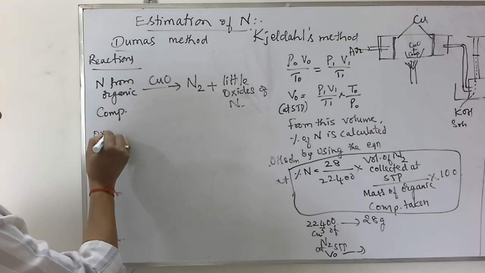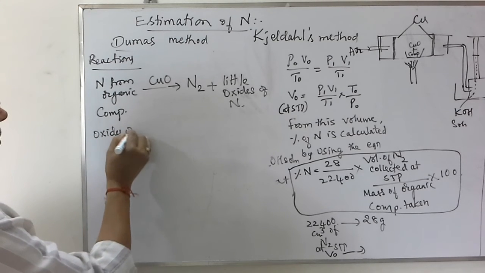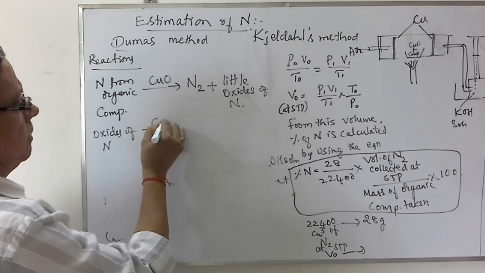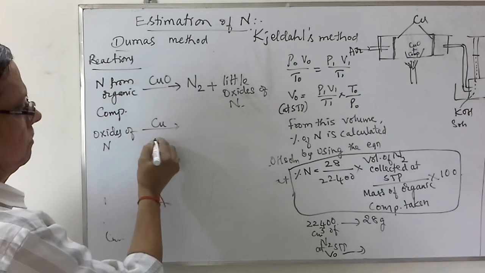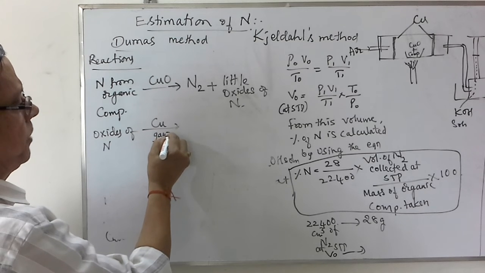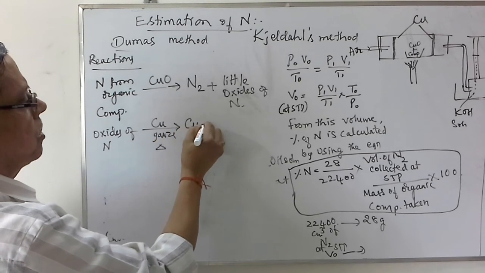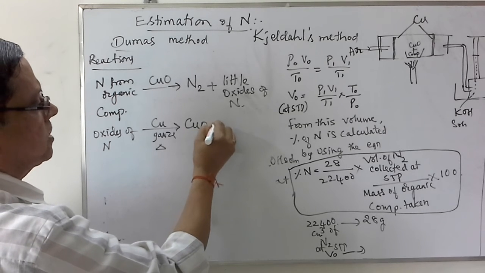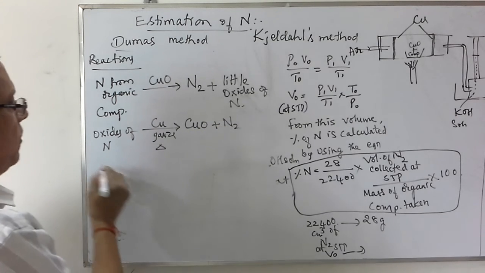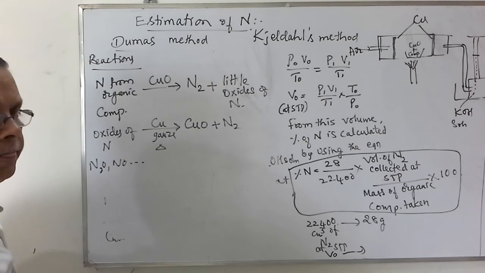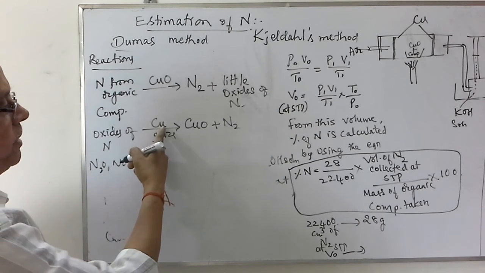These oxides of nitrogen are passed over heated copper gauze, and are reduced back to nitrogen gas, while copper is oxidized to cupric oxide. Say for example, we have nitrous oxide, nitric oxide, etc. These will be reduced by the copper.